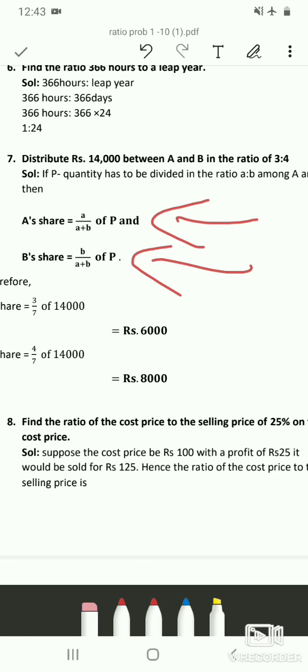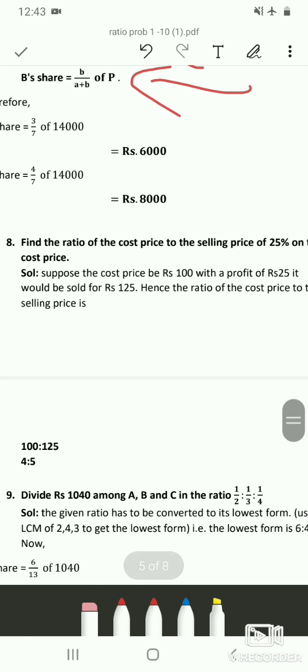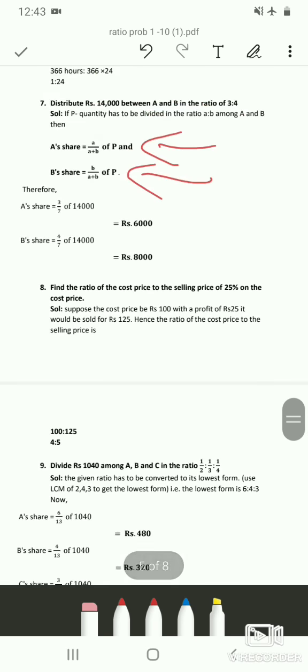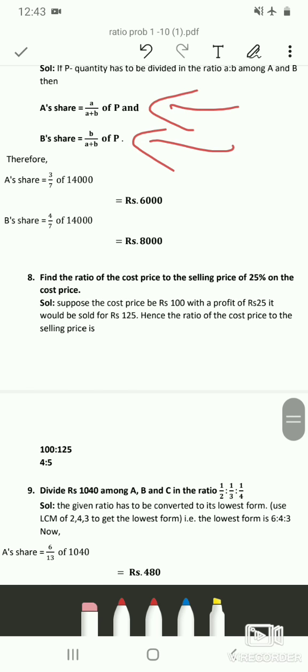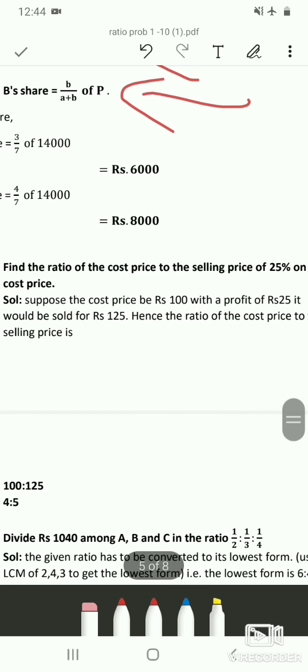So now let's see another example. The 8th problem is, find the ratio of the cost price to the selling price of 25% on the cost price. Here they have asked us to find the ratio between cost price and the selling price. Let us consider the cost price to be rupees 100 for convenience.